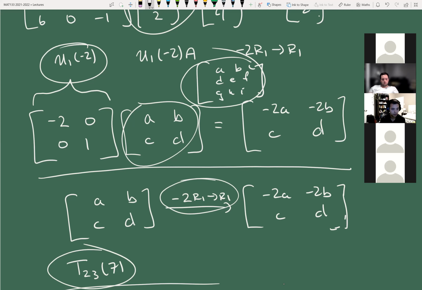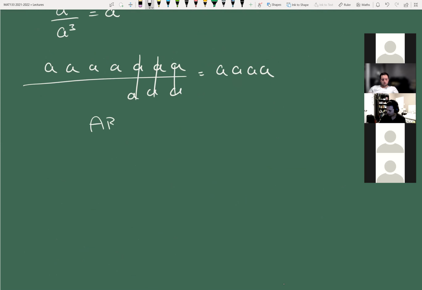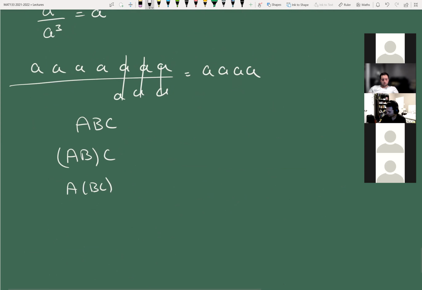When multiplying matrices for part 6 in question 1A4, do we start the matrix multiplication from the right? It doesn't matter. Matrix multiplication is associative, which means that when you've got 3 matrices like this, you could start on the left and then do the right, or you could start on the right. But importantly, when you apply the row operations, they go in this direction.